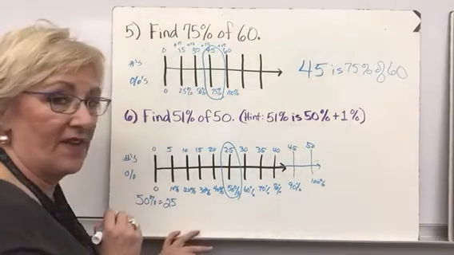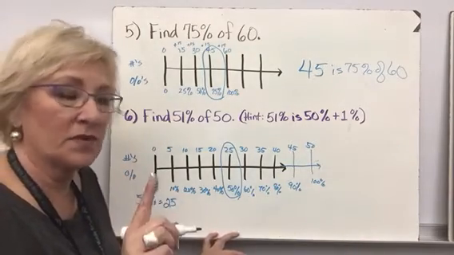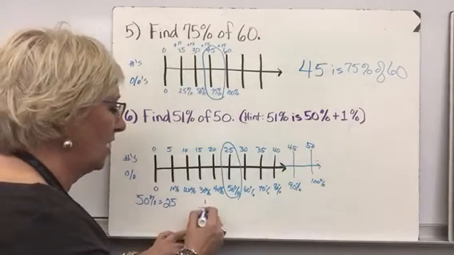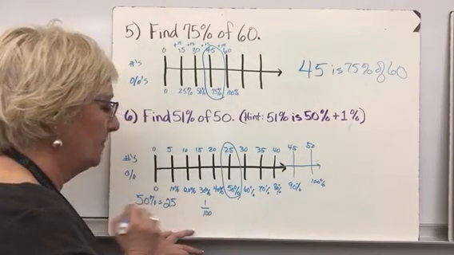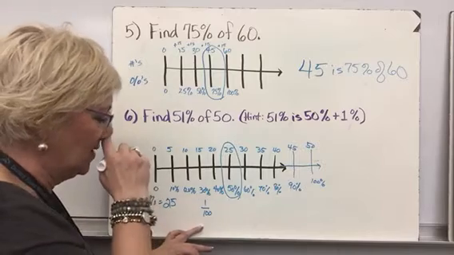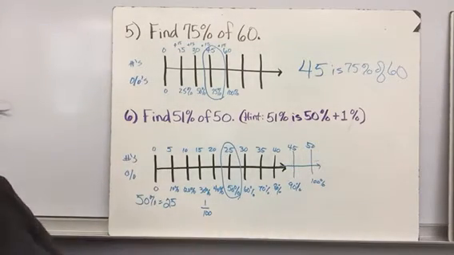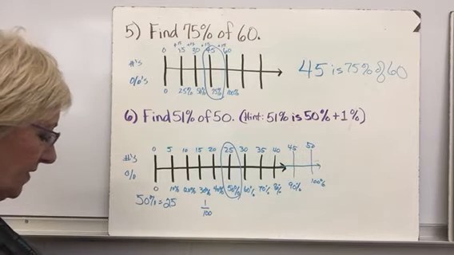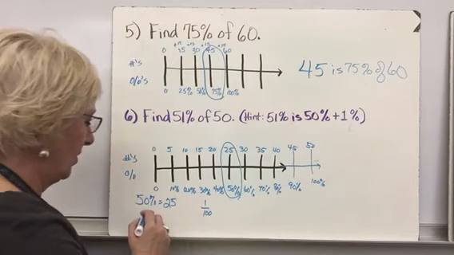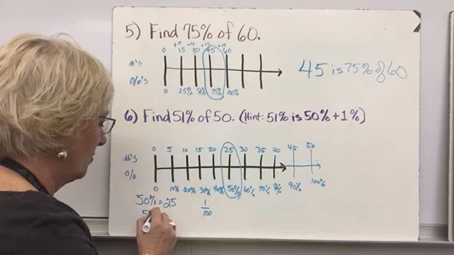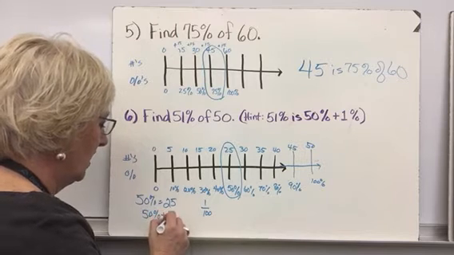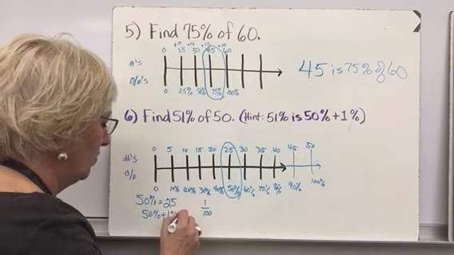Now we know that 1% is the same thing as 1 over 100, okay? So if I'm trying to add it to 50%, I know that 50% plus 1% will give me 51%.